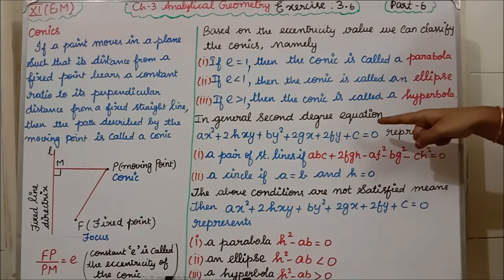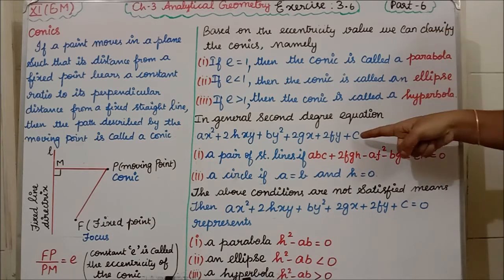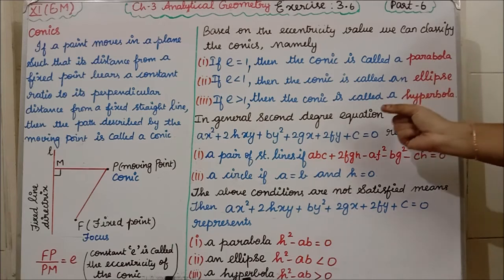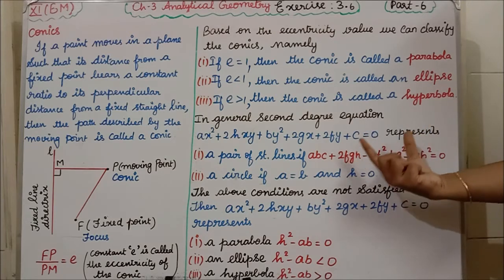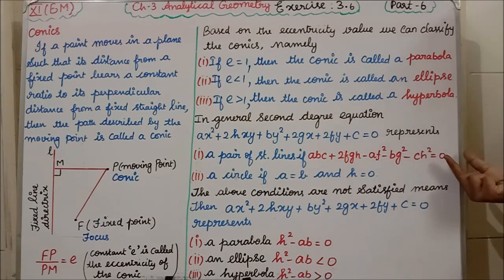This general second order degree equation represents a pair of straight lines. What is the condition for that we have learned? In this formula, if you substitute the values and get 0, it represents a pair of straight lines. I told you, isn't it?